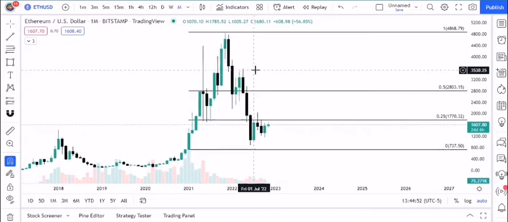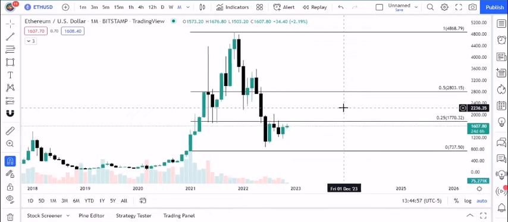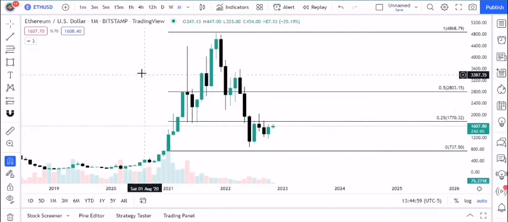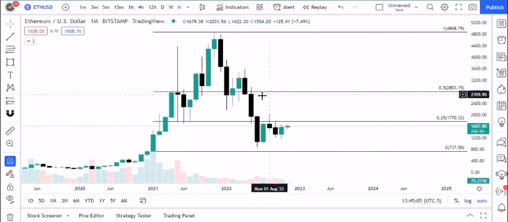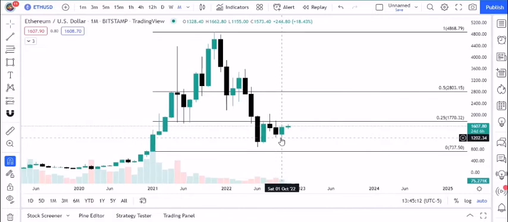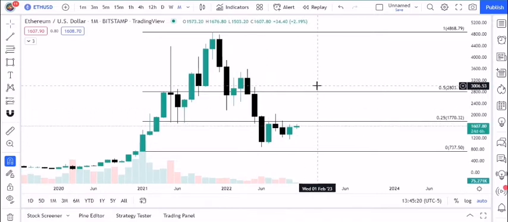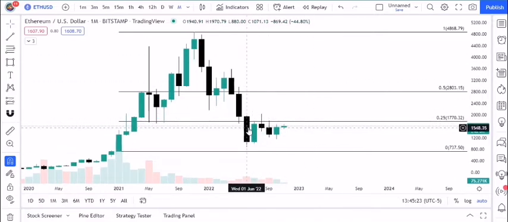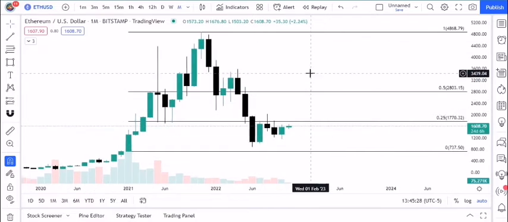So now to determine my slightly lower time frame levels, like for the weekly and monthly and even for 4 hour, I use the monthly candle. So these two down moves and these corrective moves, I use most of the time a green candle, a corrective candle in a downtrend to determine my range and see when the price will pump out of that range or will be ranging inside that candle.